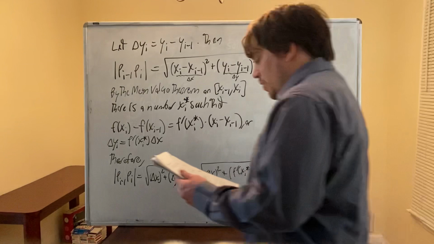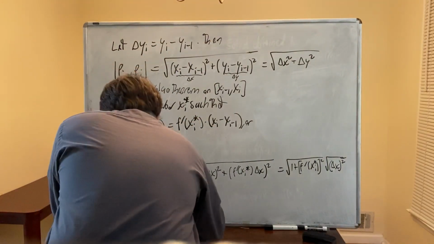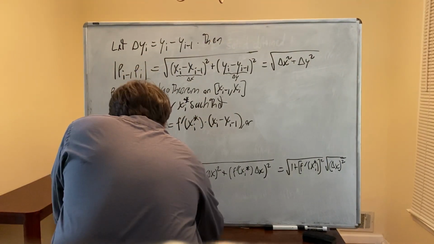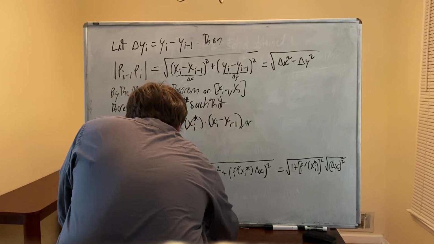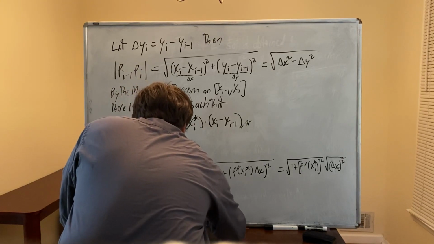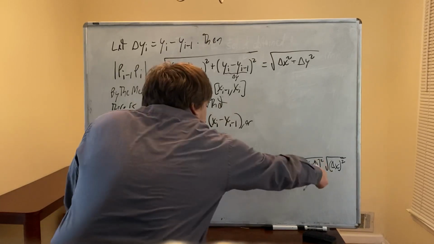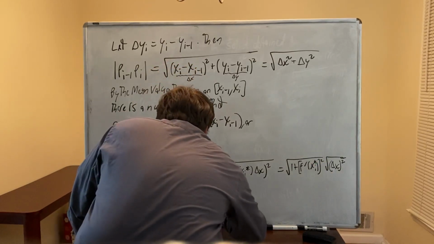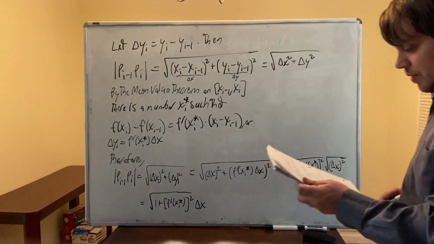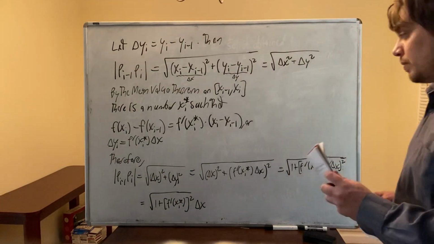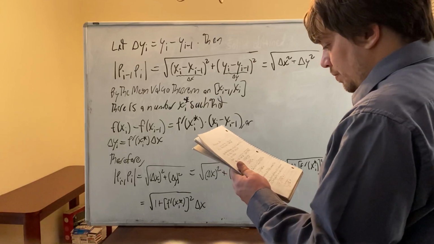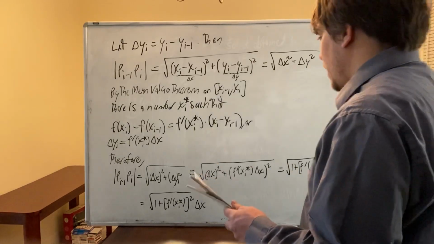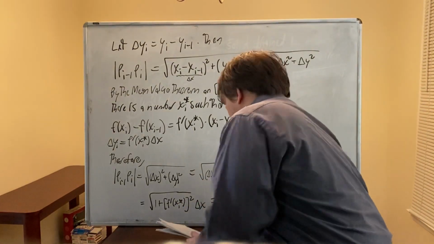And so now that's equal to the square root of 1 plus f prime of x sub i star squared, and then the square root of delta x squared is delta x. That becomes delta x.